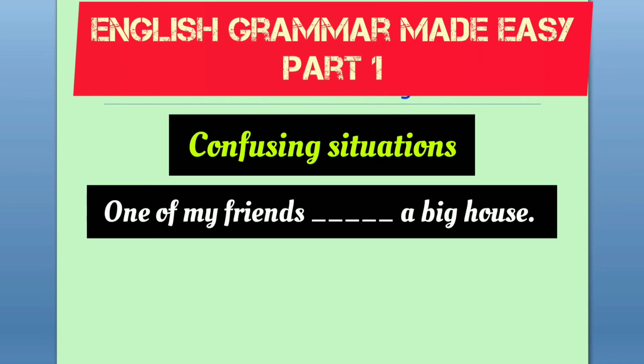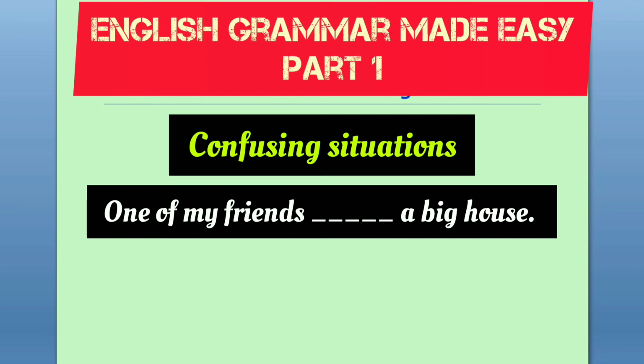There are a few situations where people get confused whether to use has or have. With my experience, let me tell you that you don't need to get confused. As you see on your screen, this sentence: one of my friends dash a big house. Most of the time I have seen students and most people get confused whether to use have or has, and often they use have because friends is used over here, so they think it's third person plural.